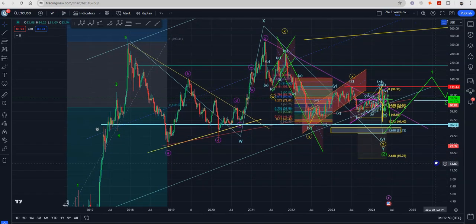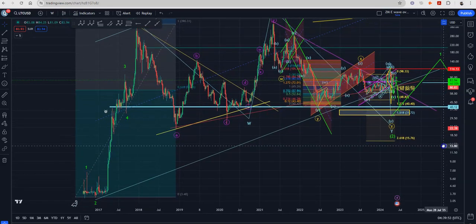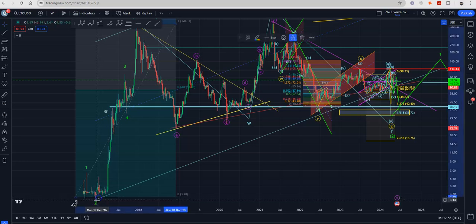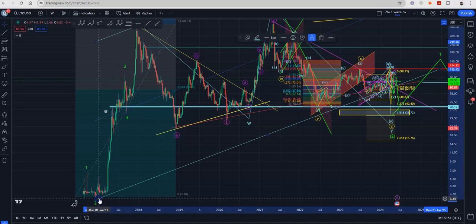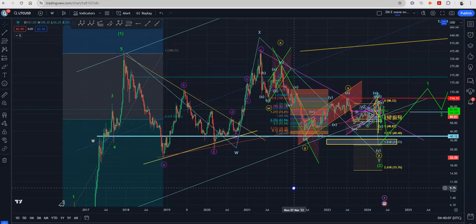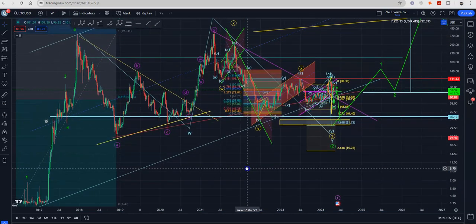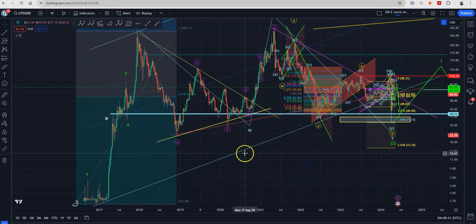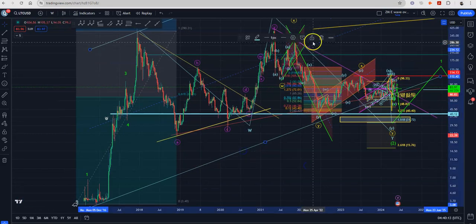The first thing I want to point out is the mega trend line for Litecoin. Since its inception, I decided to draw this little channel really just to give us an idea of where we are in Litecoin's history. This channel can provide a basis for support.